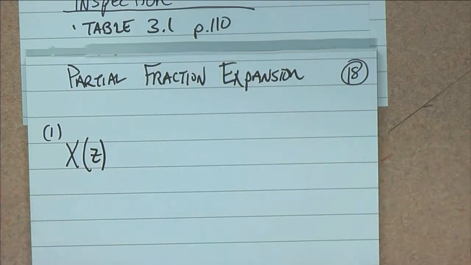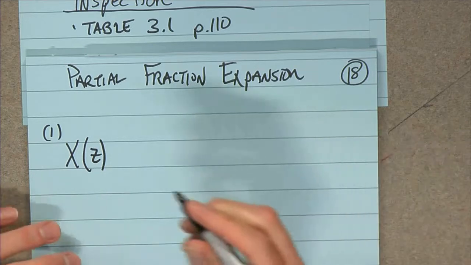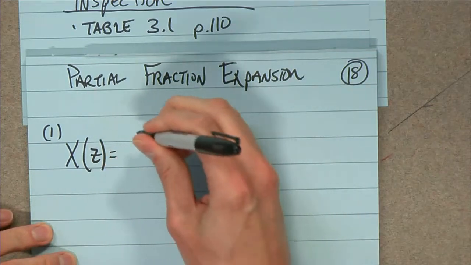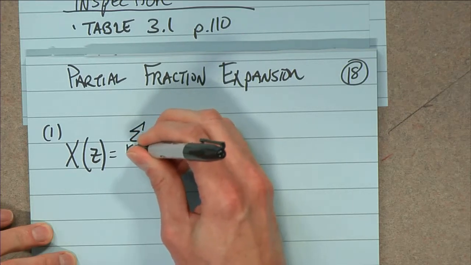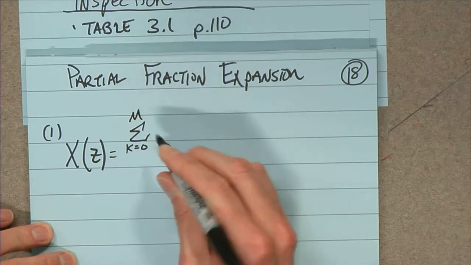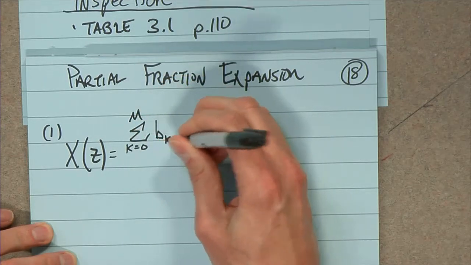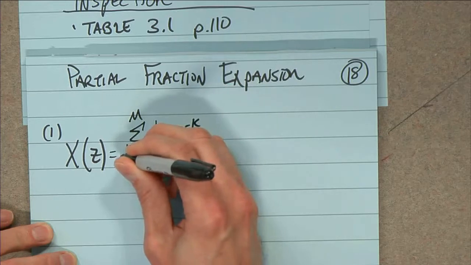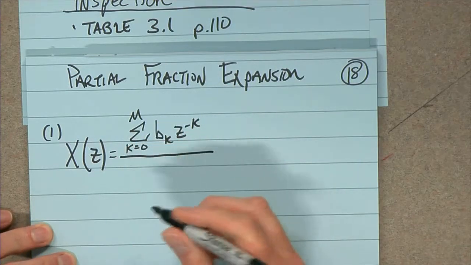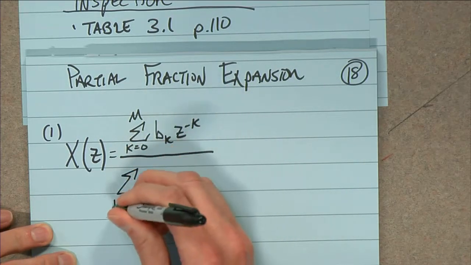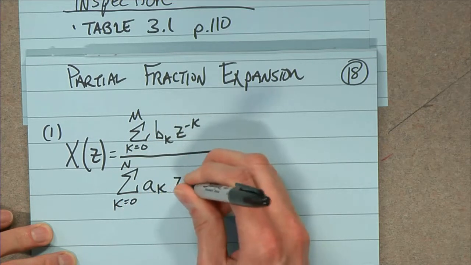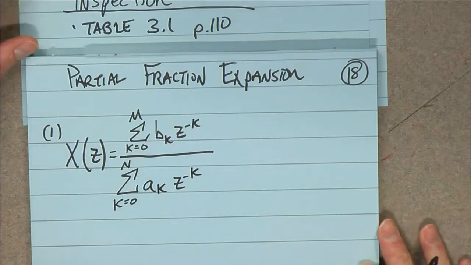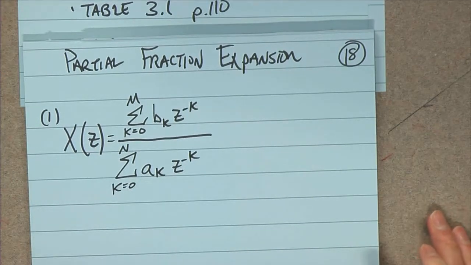But given if we can write this X of z as a ratio of polynomials in z inverse, which is typically some of the more useful functions, m degrees at the top, b sub k, z to the minus k, and we'll have an nth degree polynomial in the denominator, a sub k, z to the minus k. So we're going to start with this, and we're going to modify it slightly.